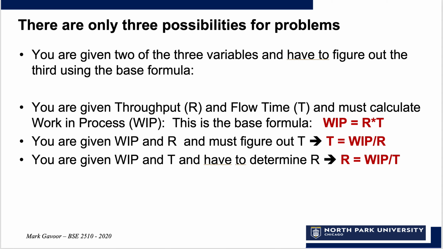The basic formula is what you use here: work in process equals R times T. If you're given WIP and R, you must figure out what T is. So solve for T in the base equation, and you get T equals WIP divided by R. And if you're given WIP and T, you have to determine what R is, and R is equal to WIP divided by T. So now you're all ready to go.